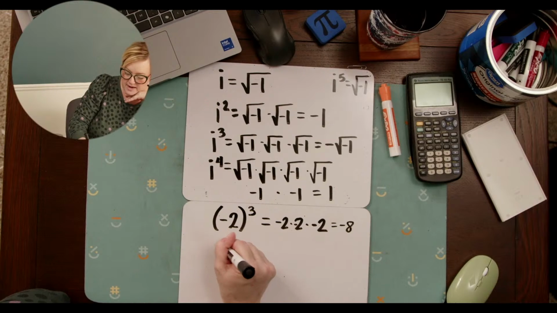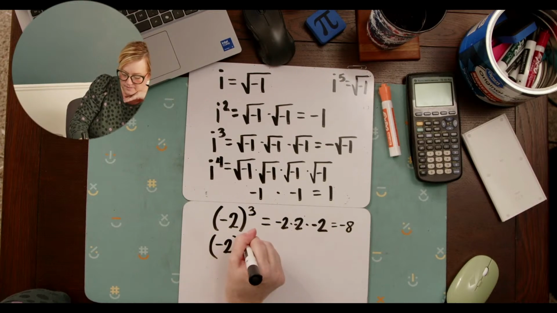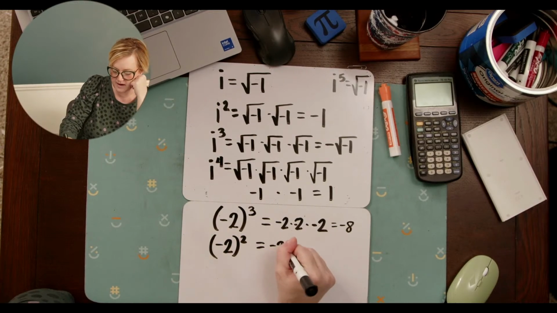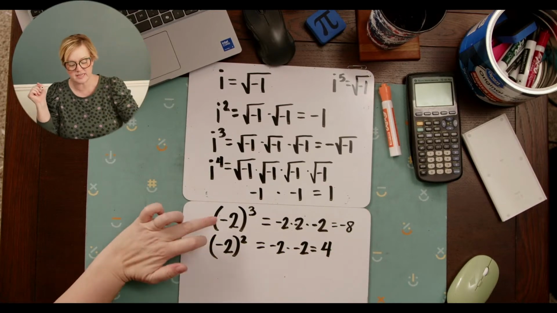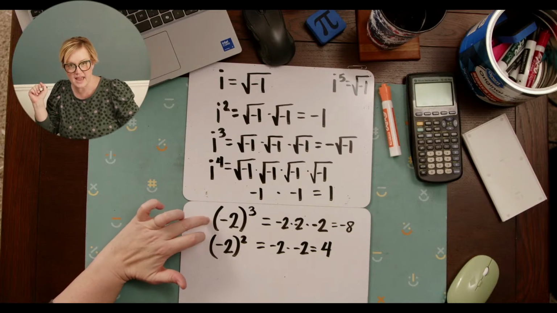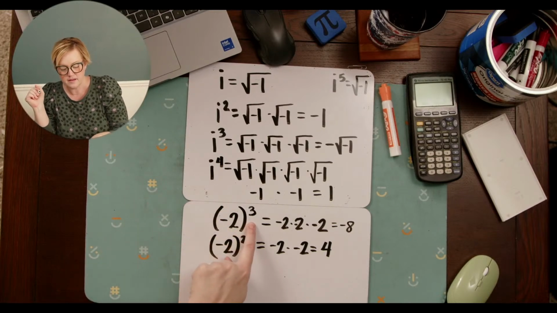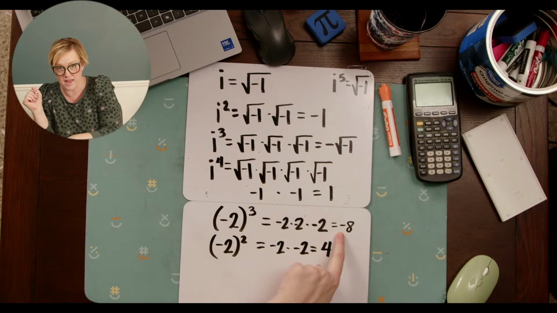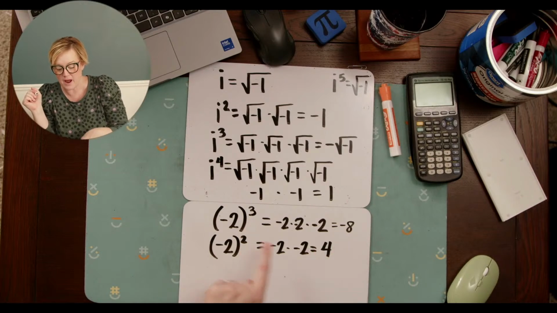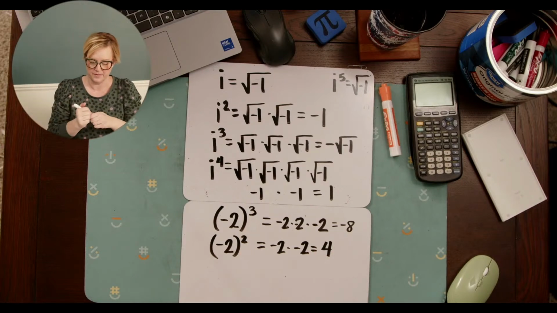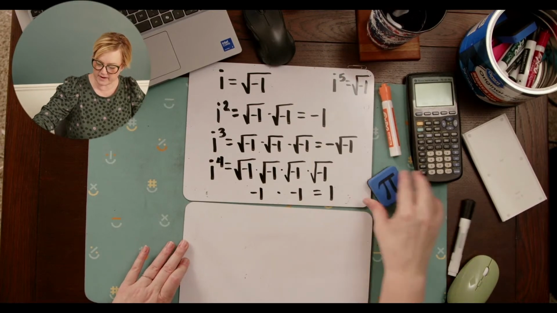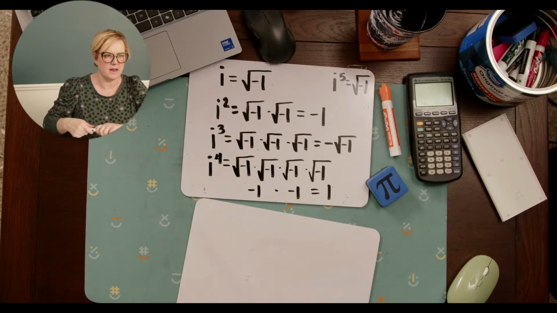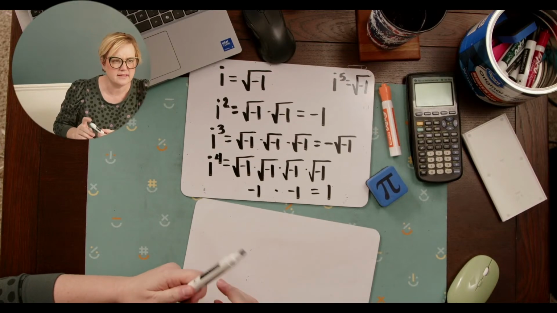Okay, but -2 squared, that's just going to be -2 times -2, which gives me +4. So in this case, the odd power is going to give you a negative answer, and the even power is going to give you a positive answer. Okay. All right. So let's go back to i a little bit, because those power questions will come in.